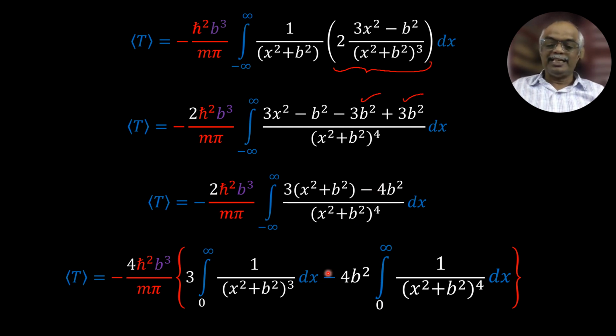Then the next integration is minus 4p squared, which I am taking outside, and integral 0 to infinity of 1 over (x squared plus p squared) to the power 4. So I am taking this as one integral. This is I1, and the other one is I2. We are going to find the values of I1 and I2.